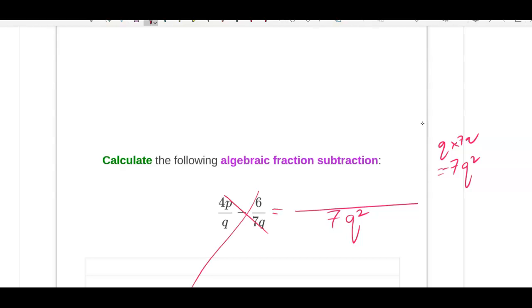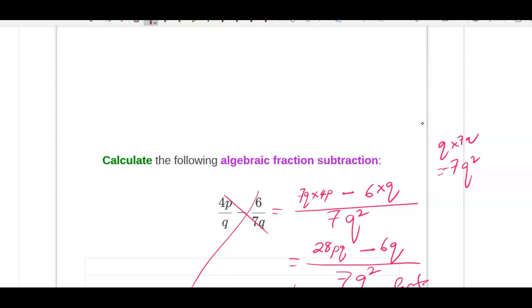Then you do bing, bing, bang. 7Q times 4P minus 6 times Q, 28PQ minus 6Q over 7Q squared, and then you got to take common factor and simplify. I'm not going to do it now. I'll leave it to you. If you still have a problem, you got to get in touch with me. I will try to explain it.